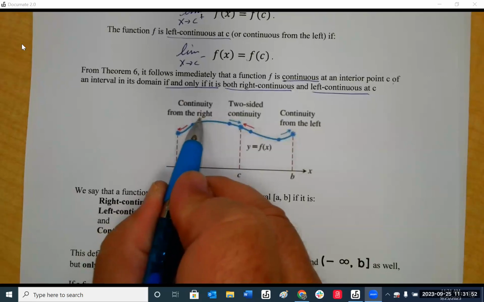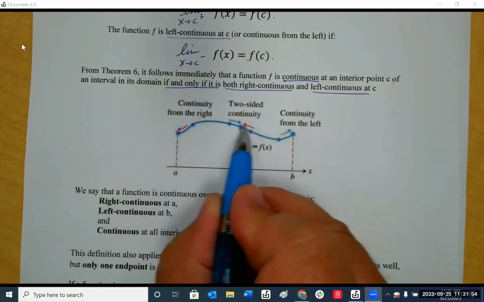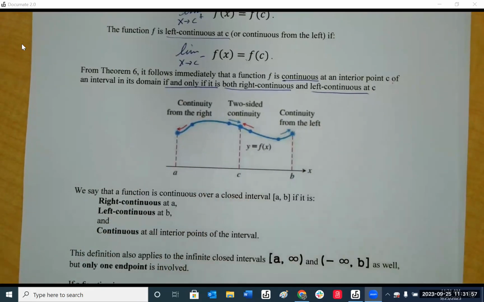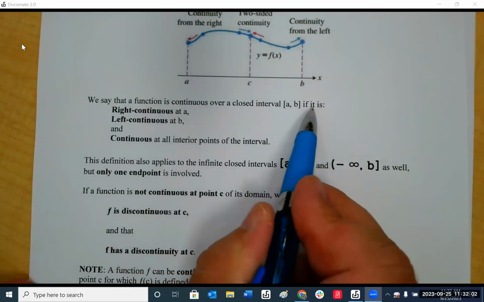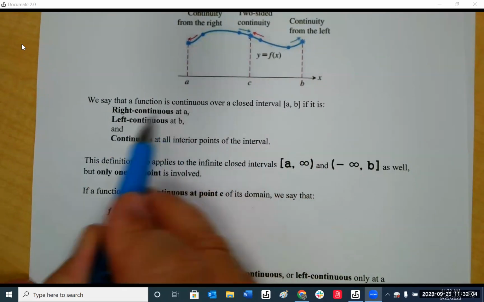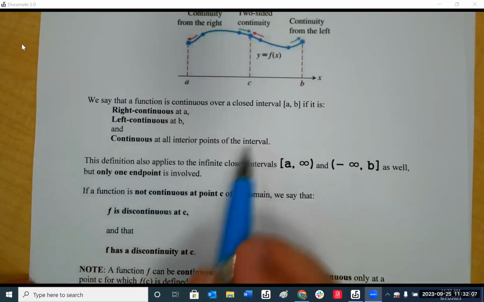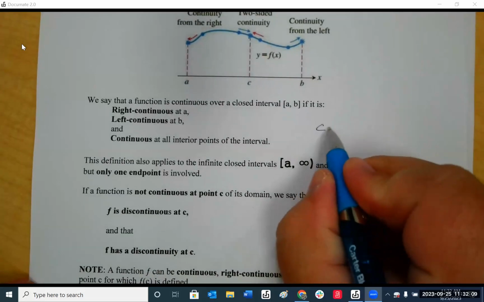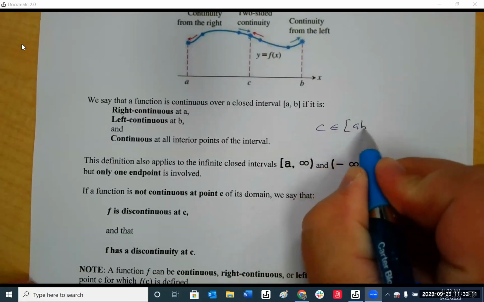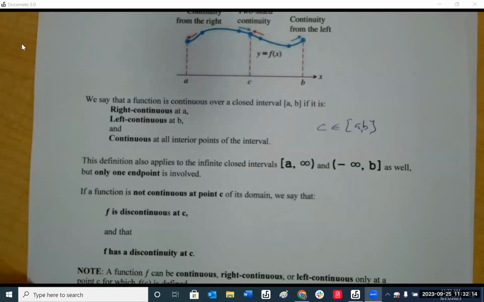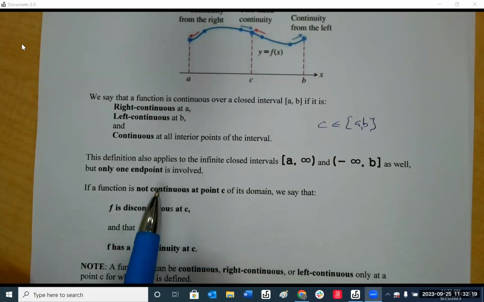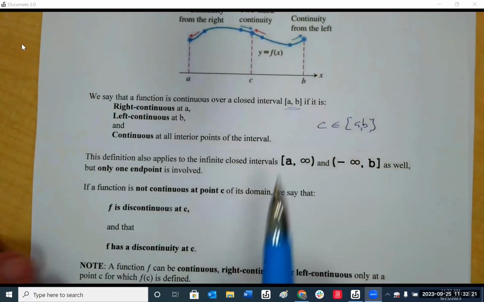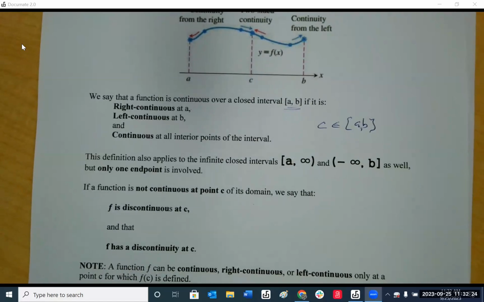But this one is only continuous from the right. This one's only continuous from the left. We say that a function is continuous over a closed interval if it is right continuous at a, left continuous at b, and continuous at all interior points c inside (a, b). In other words, if we have a closed interval, then we have to make sure that the endpoints at least approach those endpoints.